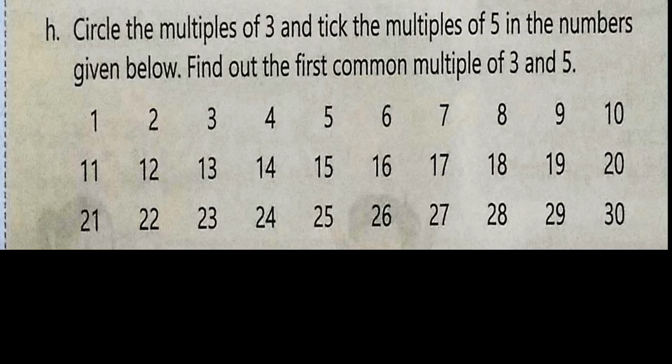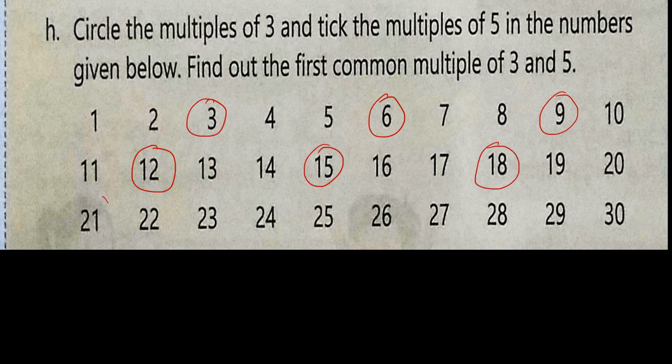So what do we have to do here? Number H, circle the multiples of 3. So 3, 6, 9, 12, 15, 18, 21, 24, then 27 and 30.